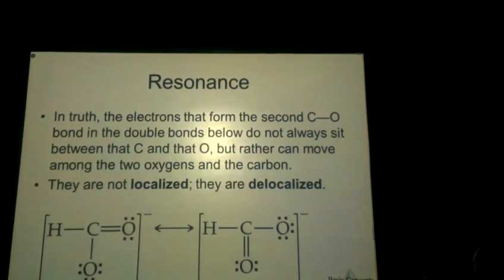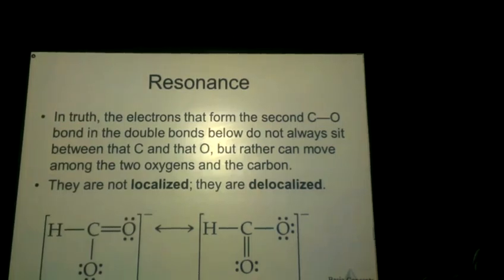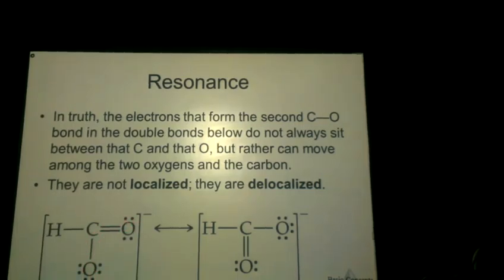It says that in truth, the electrons that form the second carbon-oxygen bond in the double bonds below do not always sit between that carbon and oxygen. Because resonance is happening, the electrons are really going to be evenly distributed around this carbon and these oxygens. So it's not just going to be a double bond and a single bond here; rather, there are going to be electrons floating around here.